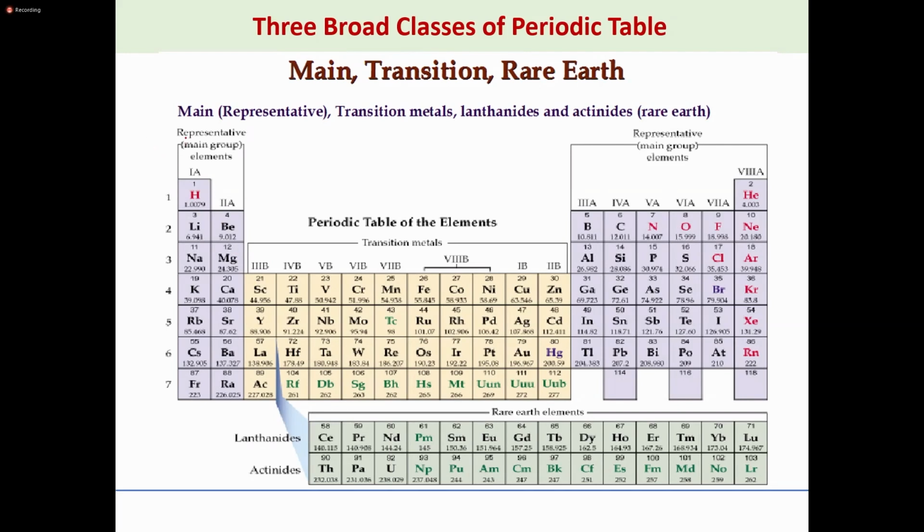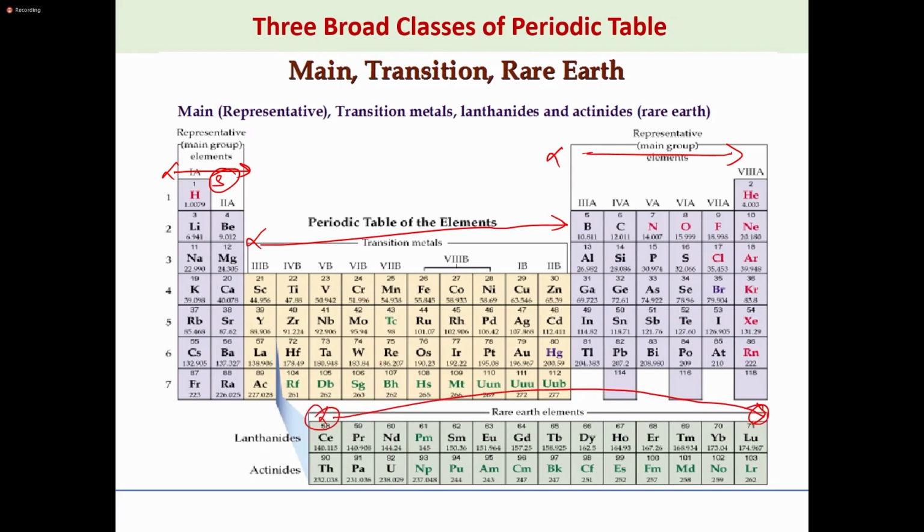The first two groups are the s-block. This is called the main group elements. This is also a main group element. This is the transition metals, and this is the rare earth elements.